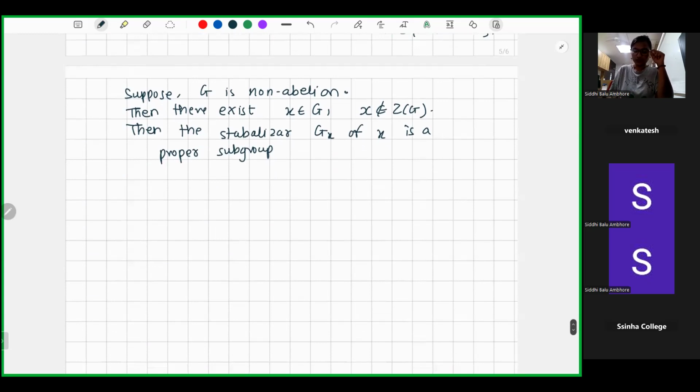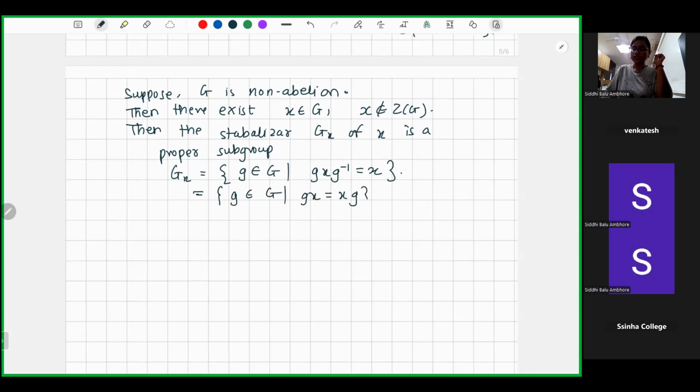So what is G_x? G_x is all those g in G such that gx is equal to xg. So under this conjugacy action, we are considering this.